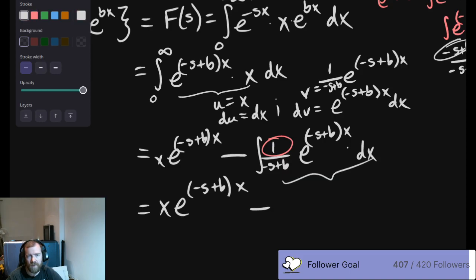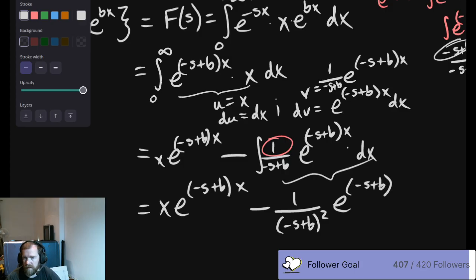And this is going to multiply a second negative s plus b to the bottom of this term. So we got 1 over parentheses negative s plus b squared, e to the parentheses negative s plus b x, and plus c.